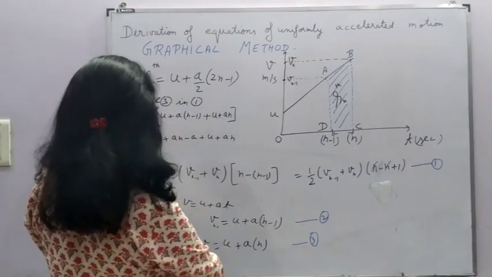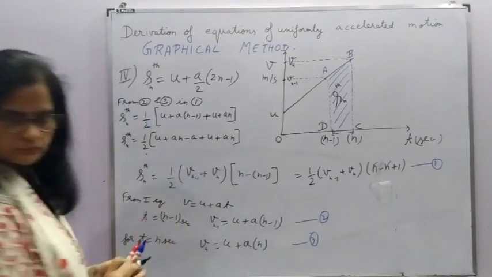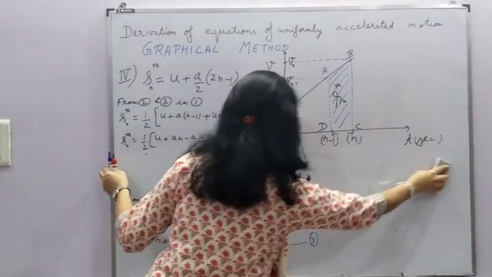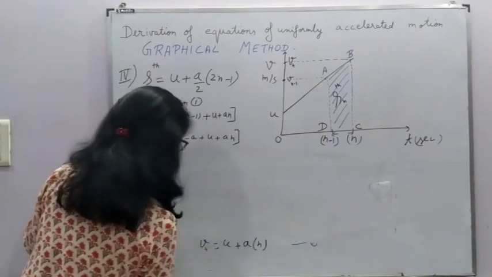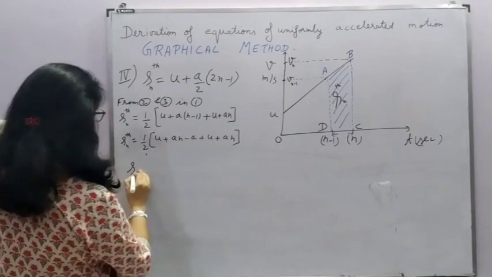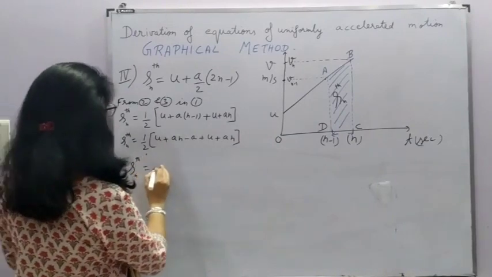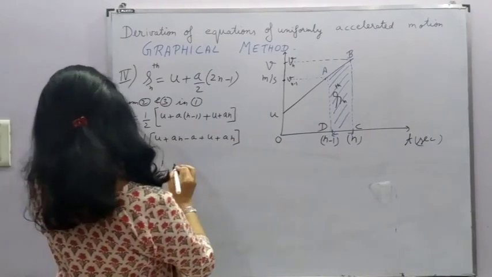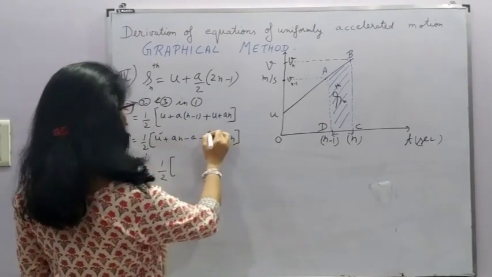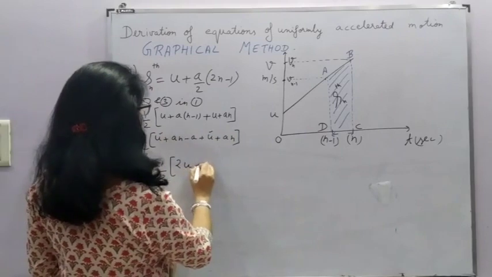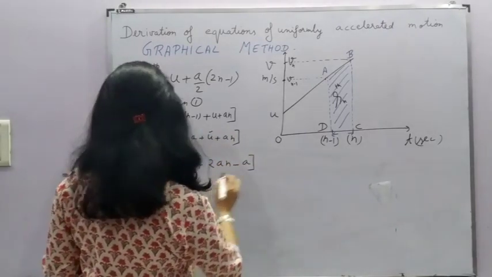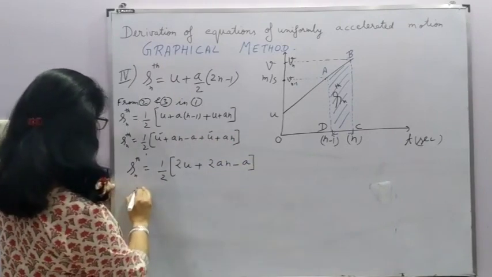From here, on solving, this is S nth is equal to half, and inside this U and U are added, 2U plus 2AN minus A, right? So let's solve this.